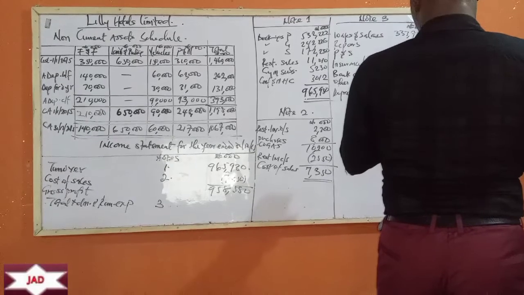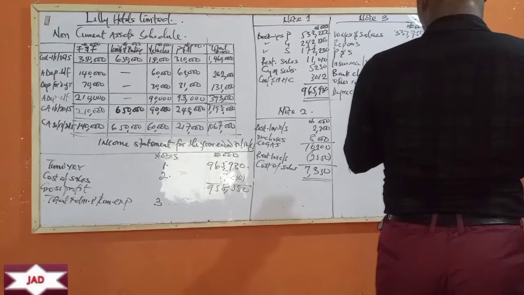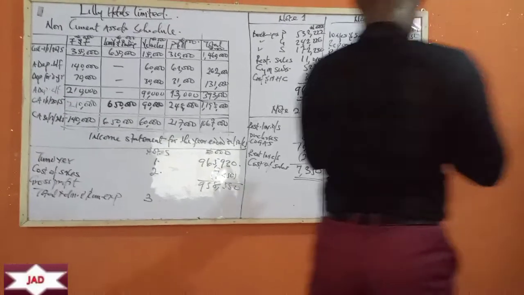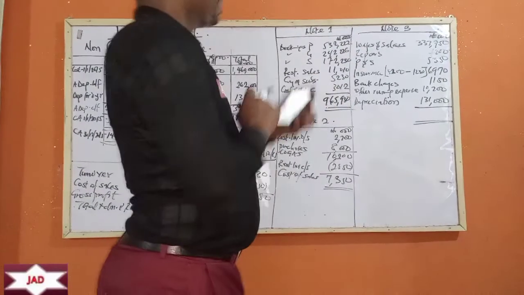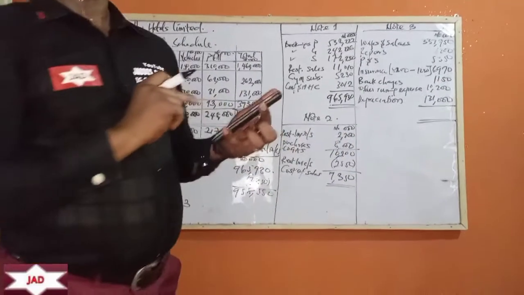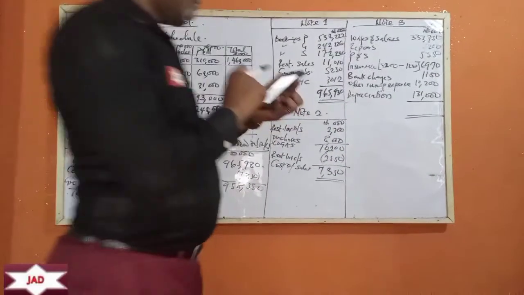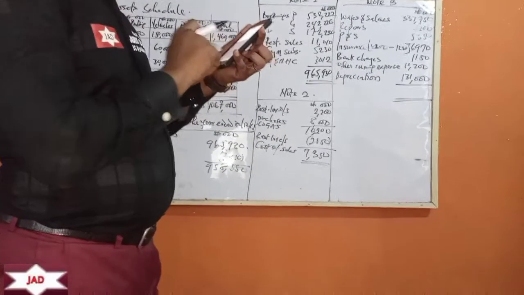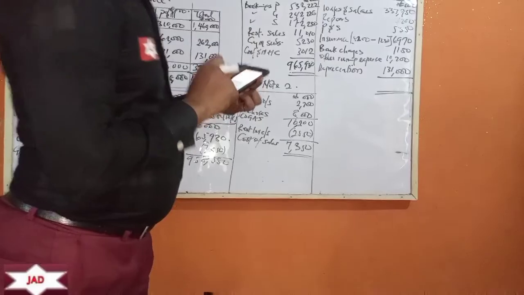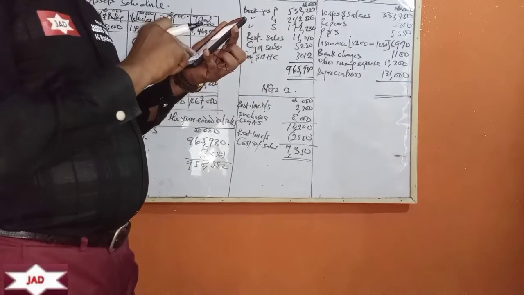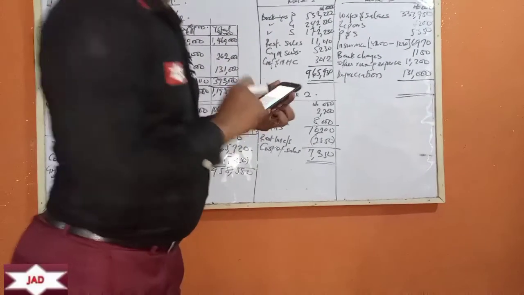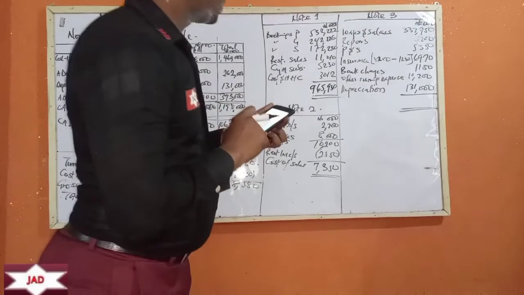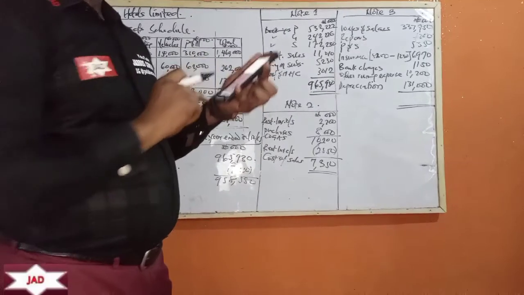Okay, so we have 3,750 plus 4,200, right? Repairs, is it 4,200? Yes, plus 5,350 plus 6,970 plus 1,180 plus 10,200.